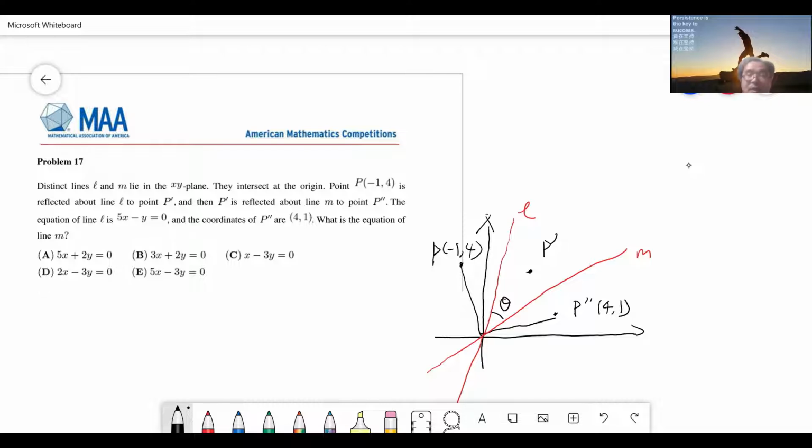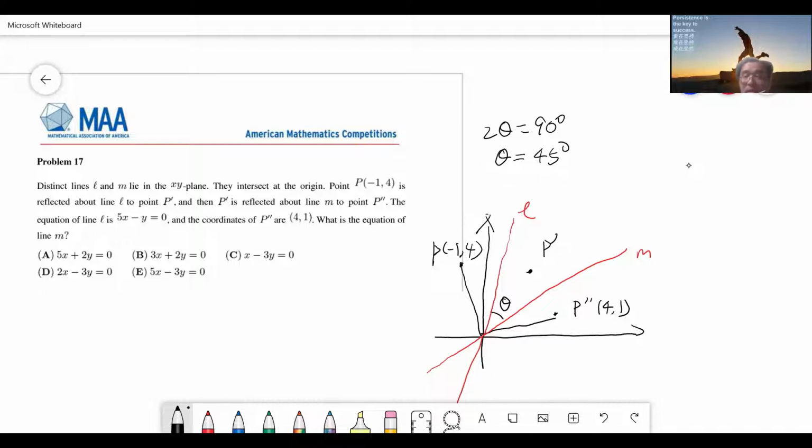So we can easily find that this rotation, 2 theta, equals 90 degrees, and theta equals 45 degrees.